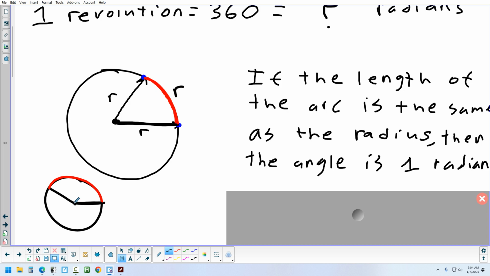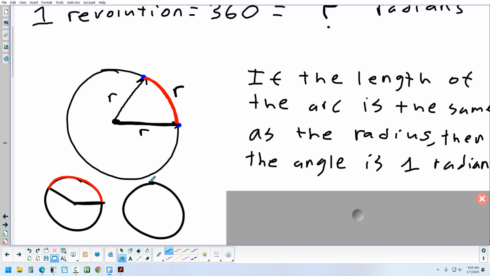Do they look the same this time? No. Which one looks bigger? The arc, yeah, the arc is a lot bigger. If you took a piece of string and measured it, that arc is a lot bigger than that radius.